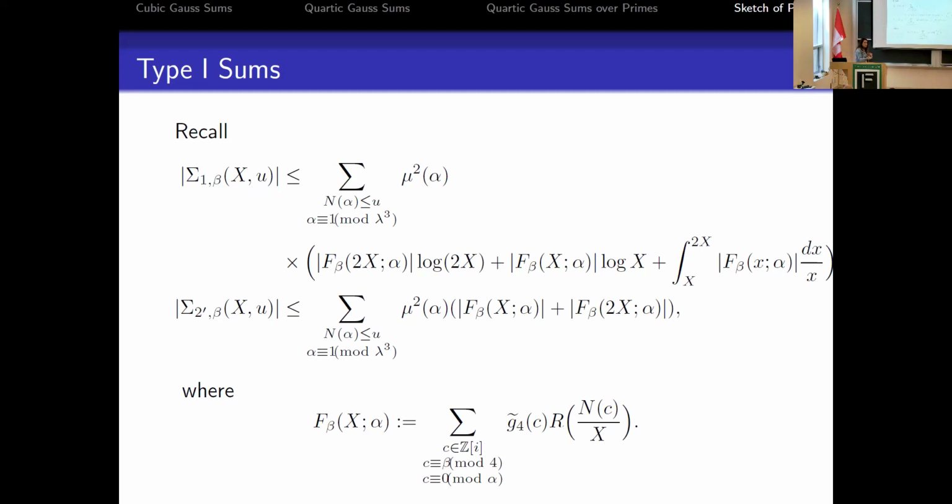The type 1 sum was already very well established in Patterson and Heath-Brown-Patterson's old work, so that one did not require that much work. Now, in our case, we borrowed Heath-Brown's methods and argument for the type 2 sums, so that wasn't that bad. Now, with the type 1 sums, however, things become a little bit more intricate.